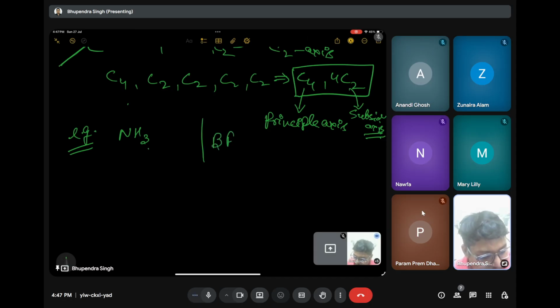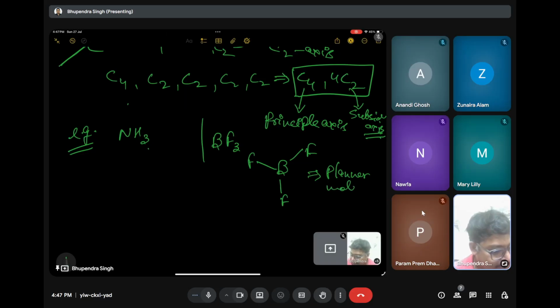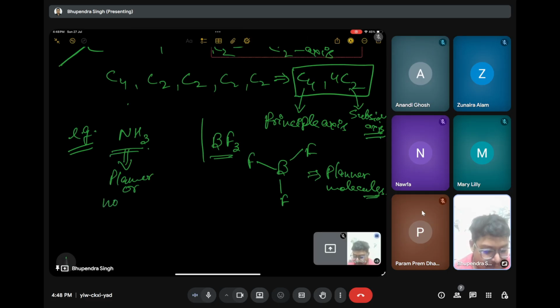I told you this molecule, BF3, is planar. This NH3 also looks similar, but is this molecule really planar, or is it non-planar?